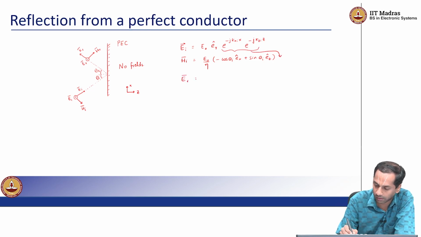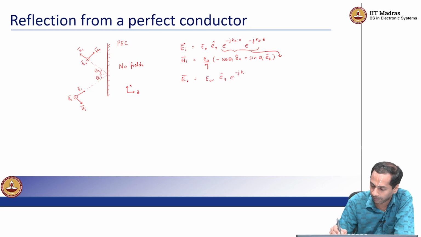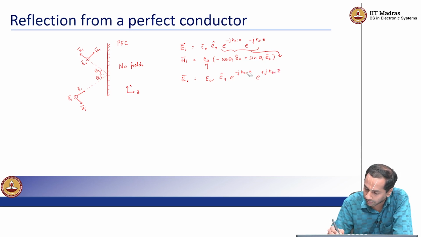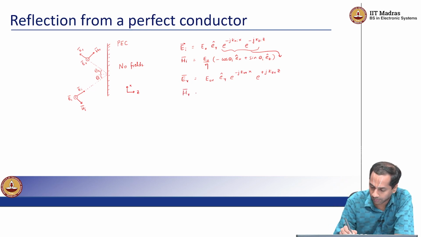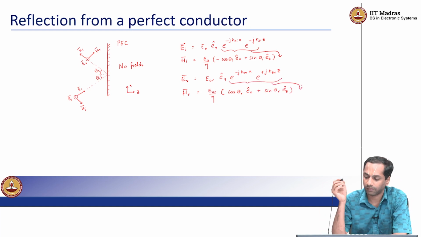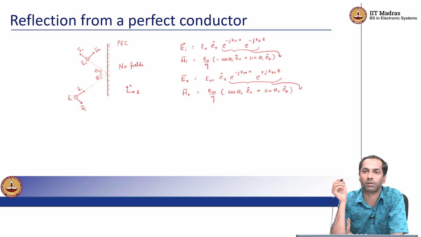So E_r is E0r ŷ e to the minus j kxr x, e to the plus j kzr z. And H_r is E0r by eta, we have cos theta r x̂ plus sin theta r ẑ. I'm going through this fairly quickly because you should be well adjusted to write these expressions quickly.